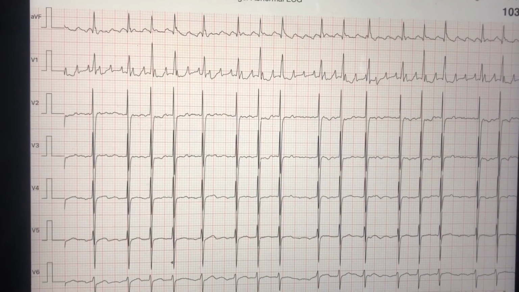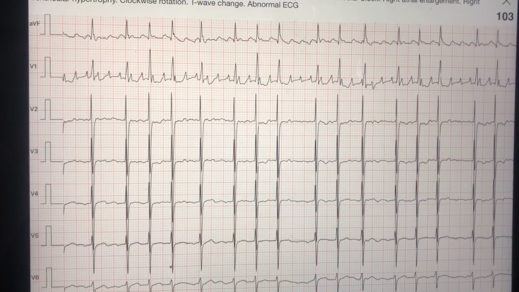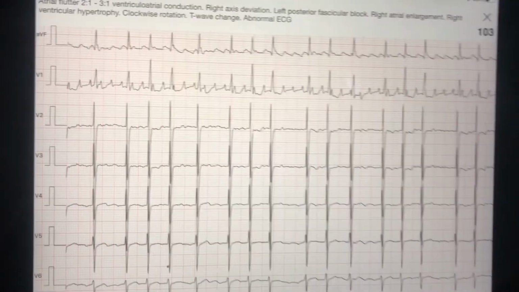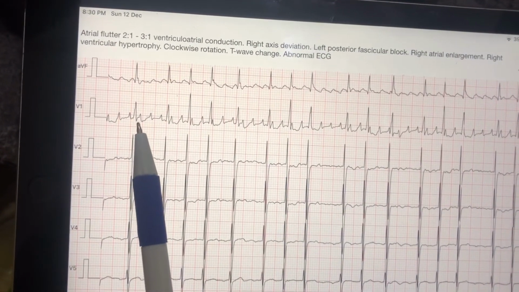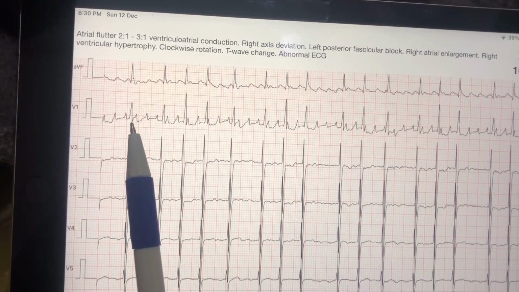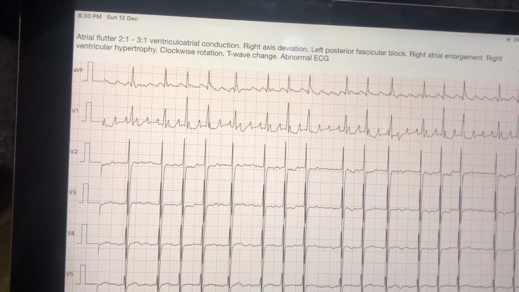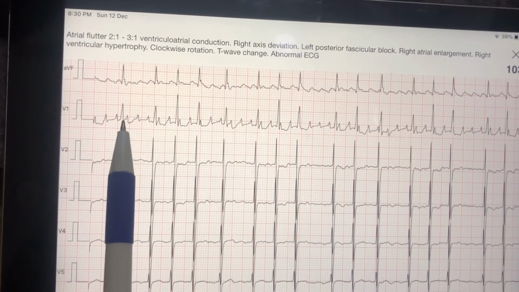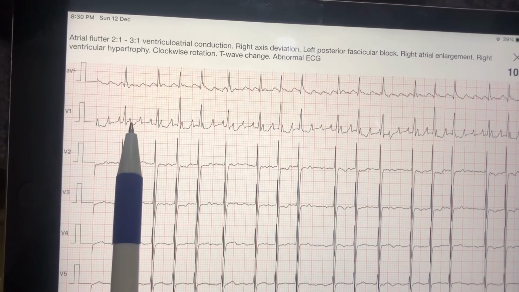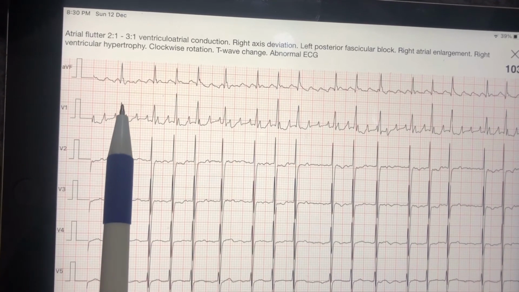In this ECG, I'm going to show you right ventricular hypertrophy. We have studied that in V1 the QRS complex, or you can say the predominant deflection of the waves, should normally be downward. But look here.